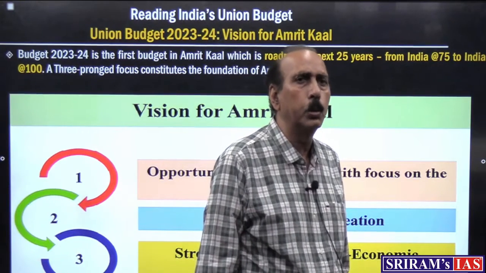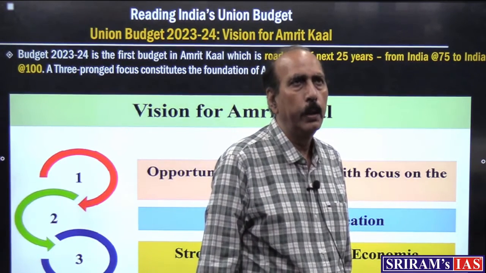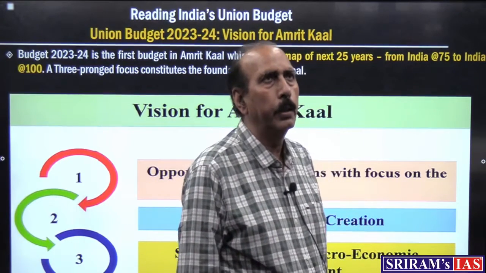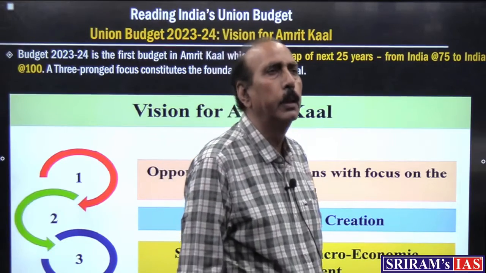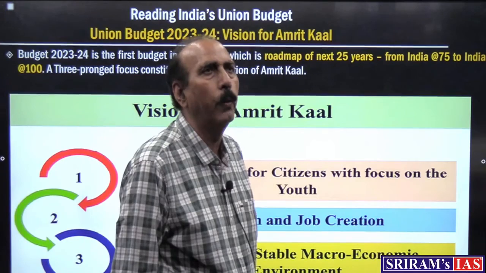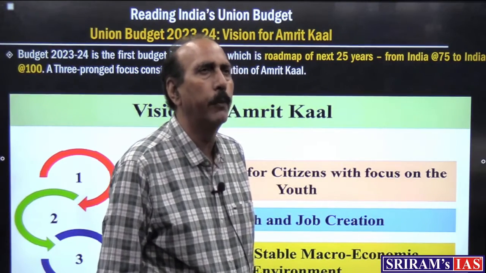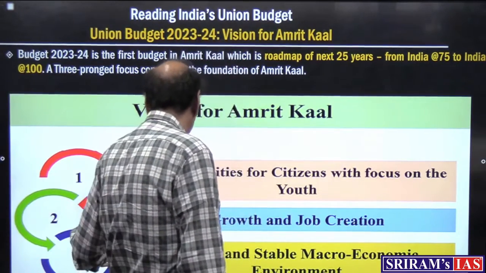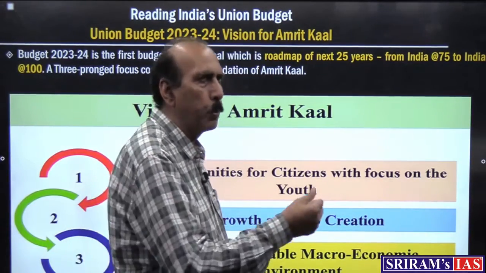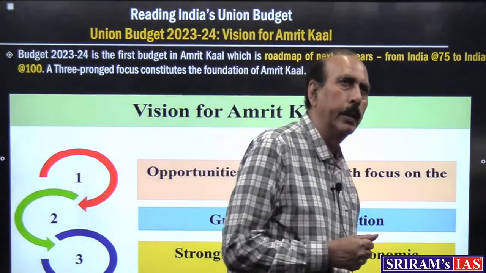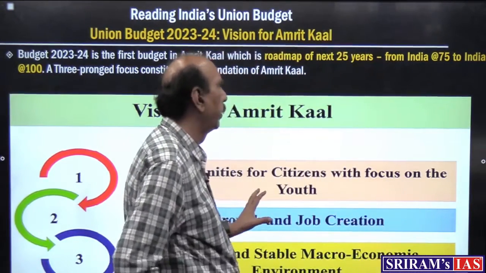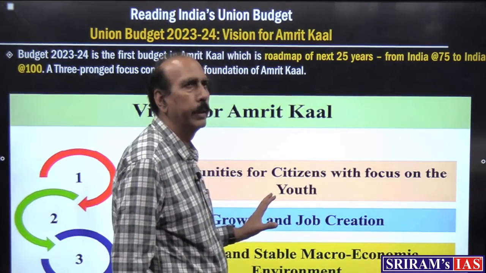From $3 trillion to $26 trillion, if we really want to reach it in 25 years, then obviously the macroeconomic environment has to be very, very strong. We cannot afford macroeconomic instability in the country, because that will push the country back in terms of the growth process. That's why three strong visions are made in this budget.